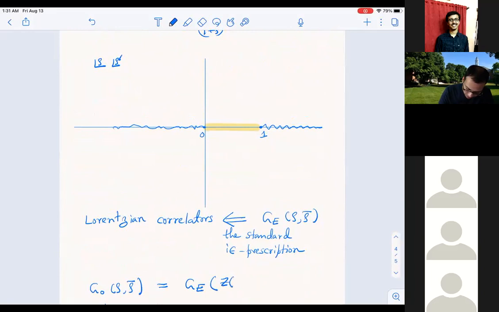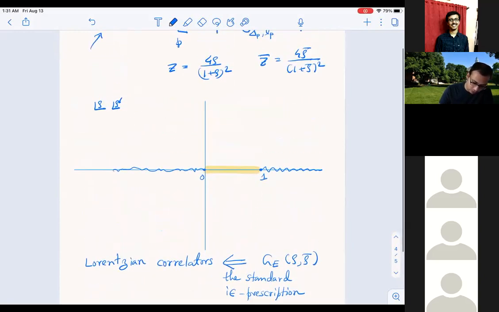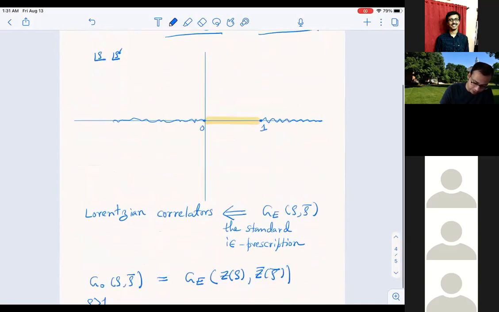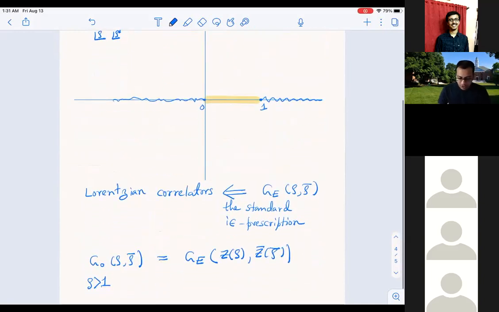So just use rho greater than 1 in this expression, and you get the correlator. So basically, this G naught correlator is obtained directly from the Euclidean correlator. In some sense, you can still call it a Euclidean correlator because it's exactly the Euclidean correlator.